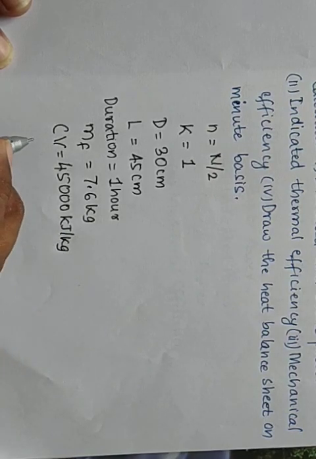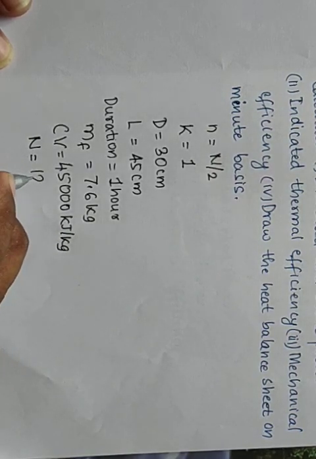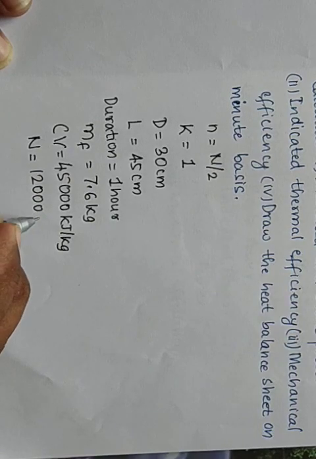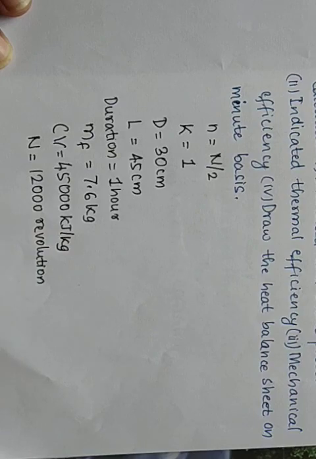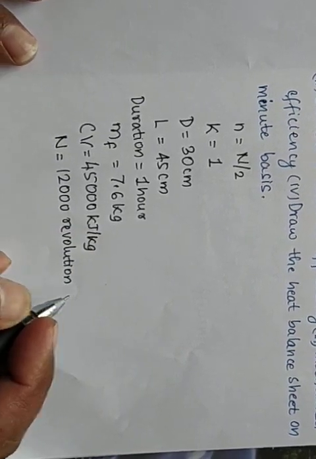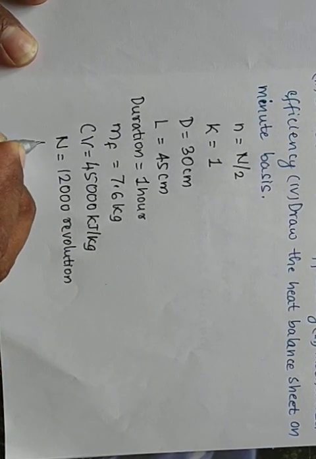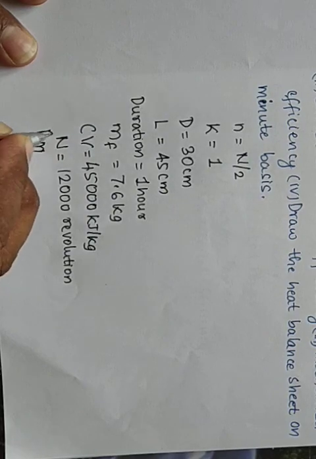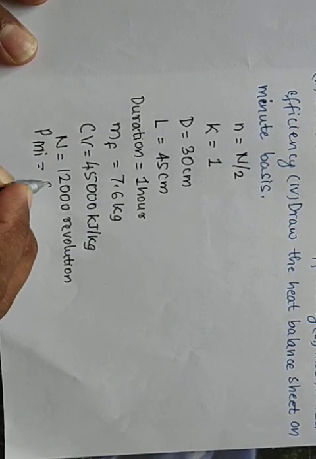then revolutions, that is N, capital N equal to 12,000 revolutions, and this revolution is for 1 hour. Then mean effective pressure, PMI equal to 6 bar.